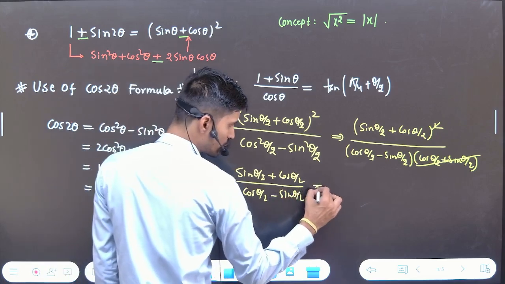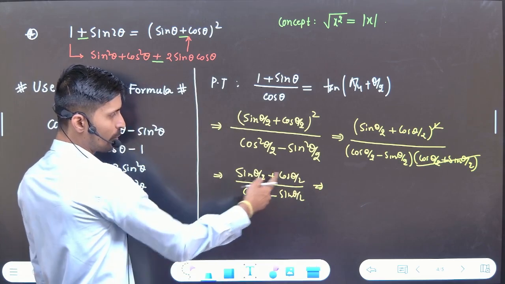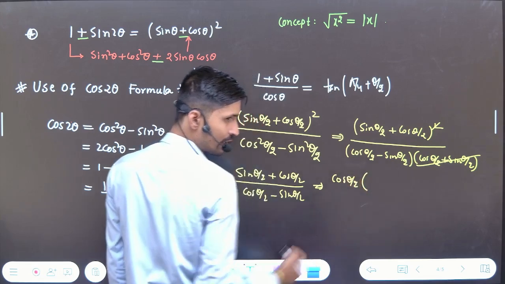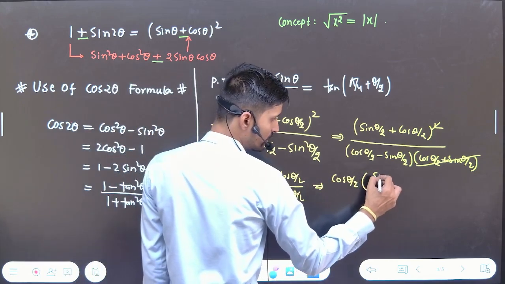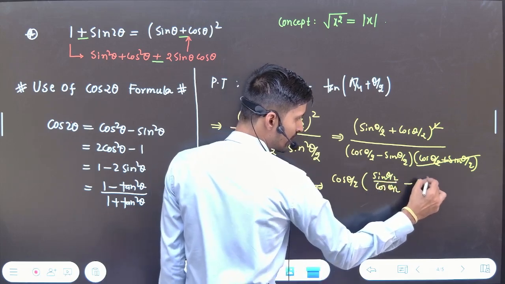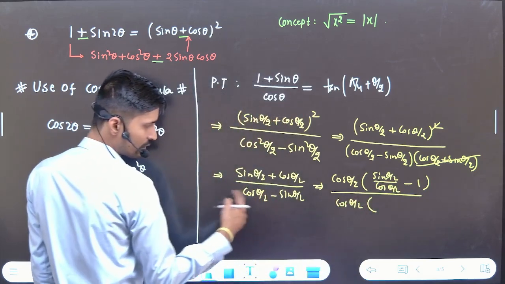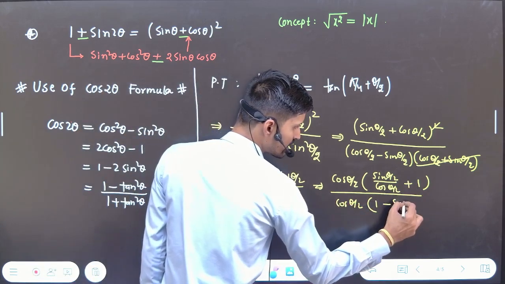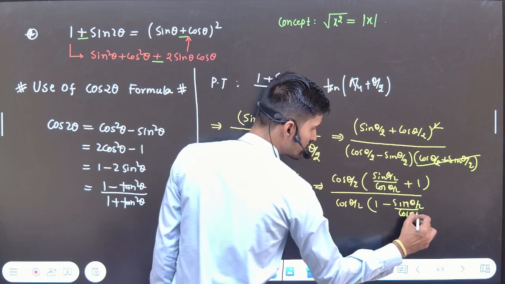Now what I am going to do, check. I am going to take cos theta by 2 common. So cos theta by 2 common I will take from the numerator. Yes, Aswini. This will become sine theta by 2 upon cos theta by 2, plus 1, upon, here I will take cos theta by 2 common, that will become 1 minus sine theta by 2 upon cos theta by 2.